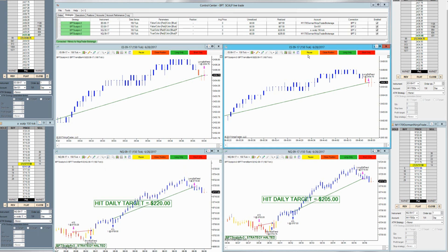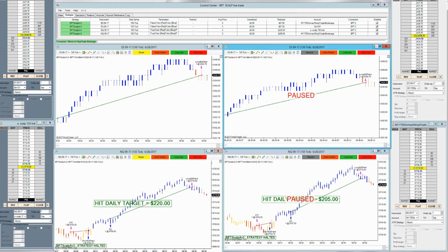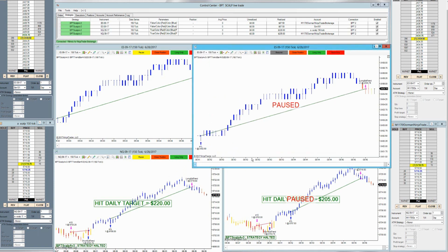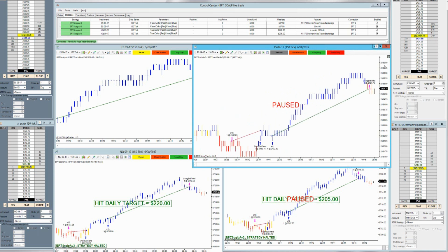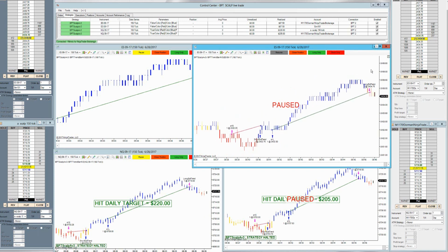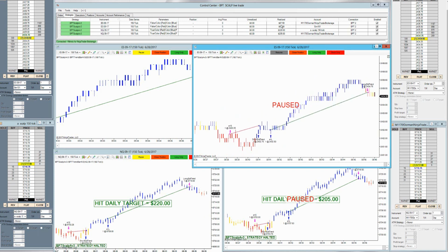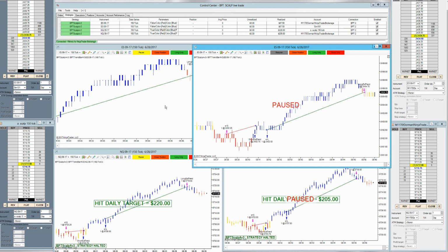But also the trailing stop, they don't know how to tweak it. For a different time frame, you have to have a different trailing stop, and on the NASDAQ, a $5 take is different than the ES. So let's look at the difference between a live trade on the ES and the NASDAQ.